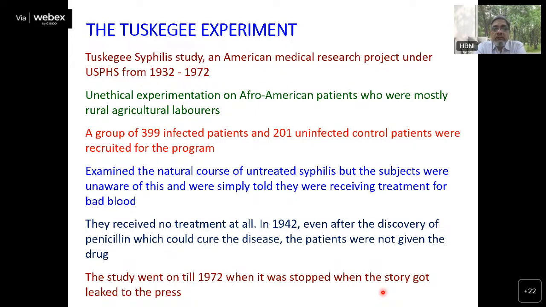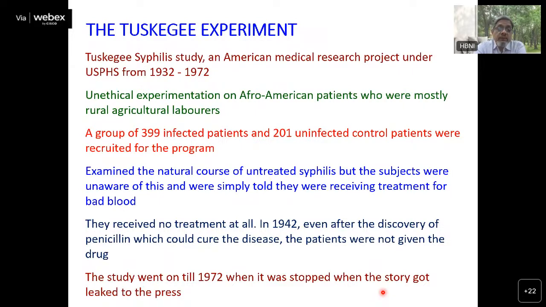In what will it result in? But then unfortunately, the subjects were not aware of the actual nature of the project. And they were all told that they were actually receiving treatment for bad blood. Okay. But in reality, they were not given any treatment at all. And then what happened in 1942, actually, the drug penicillin was discovered, and penicillin was very effective in the treatment of syphilis.